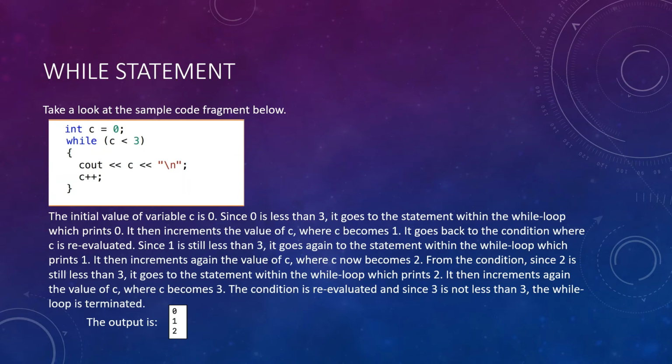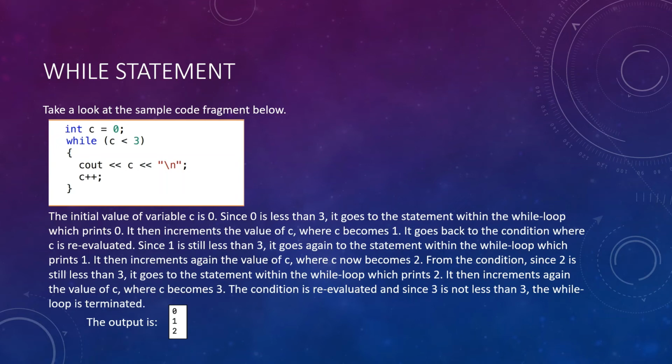Take a look at the sample code below. The initial value of variable c is 0. Since 0 is less than 3, it goes to the statement within the while loop which prints 0. It then increments the value of c, which becomes 1. It goes back to the condition where c is re-evaluated. Since 1 is still less than 3, it goes again to the statement within the while loop which prints 1.